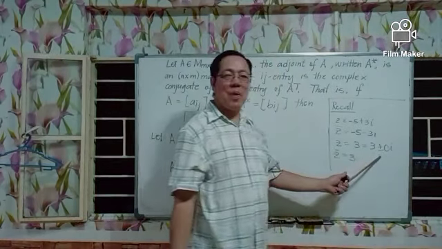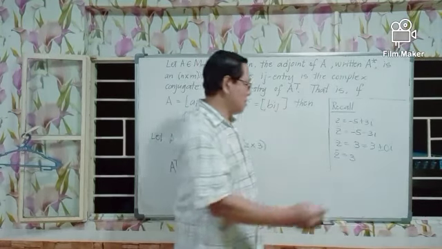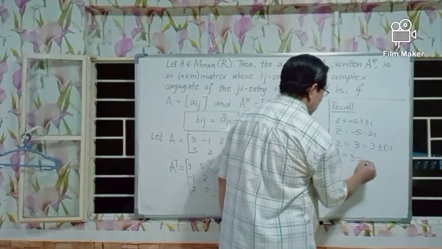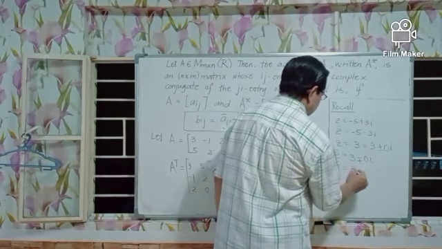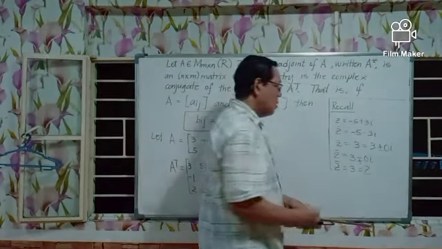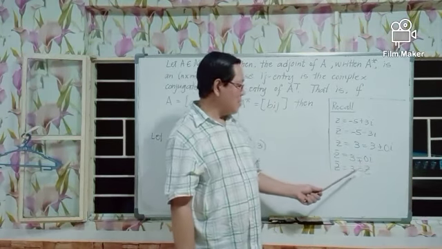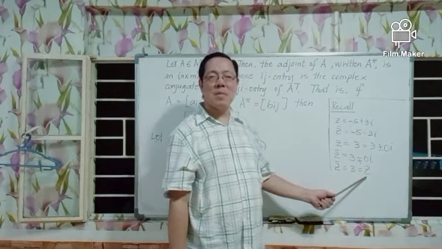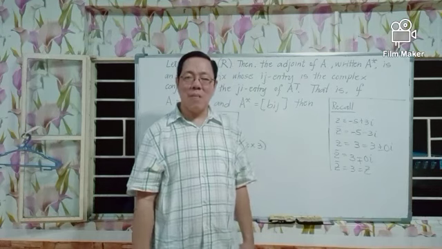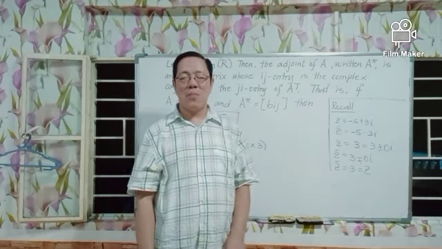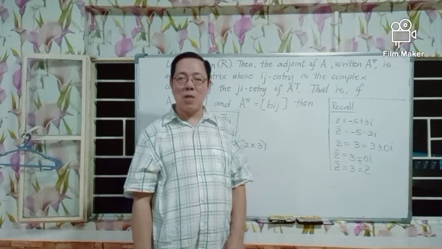And the imaginary part, after taking the opposite sign, will become minus plus 0i. But if you simplify 3 minus plus 0i, it simplifies to 3, which is the given complex number. Thus, if the complex number is a real number, its conjugate is equal to itself. That is, the complex conjugate of a real number is equal to the real number.